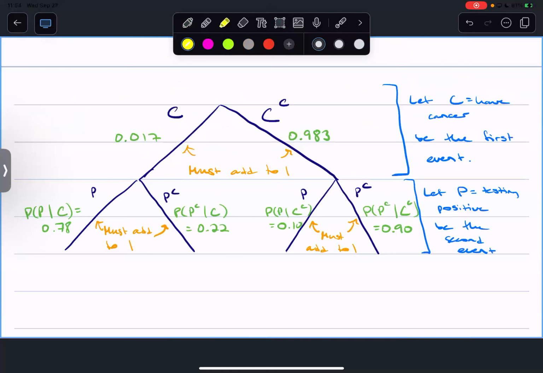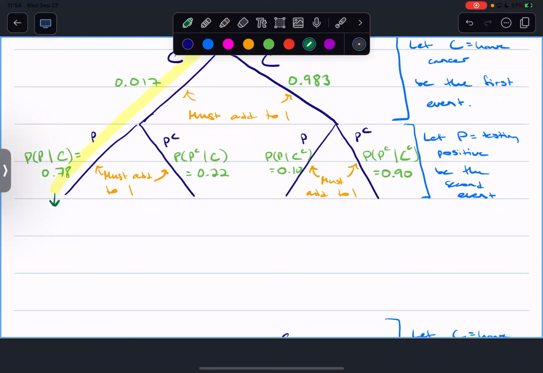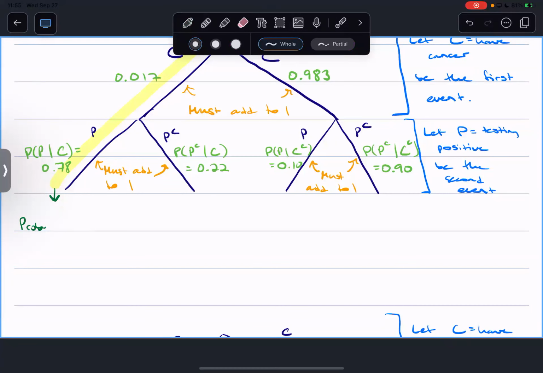Okay. So here, if I start up here and I go down this branch, then how I'm going to read this is at the end of this branch, I have the probability of cancer, or maybe I'll just write C just to save us some space.